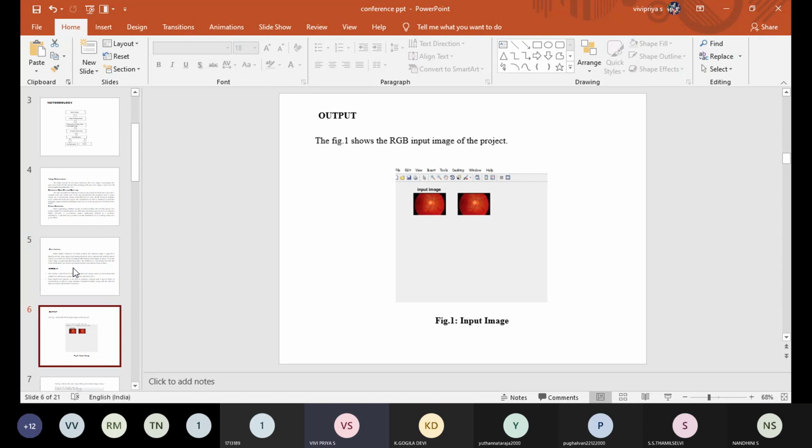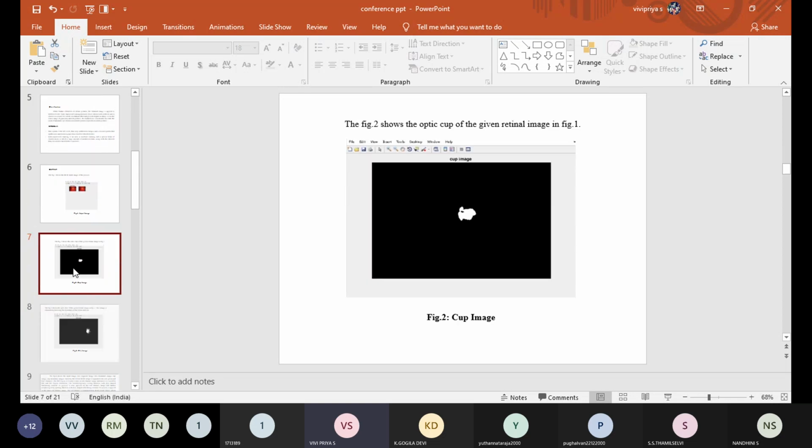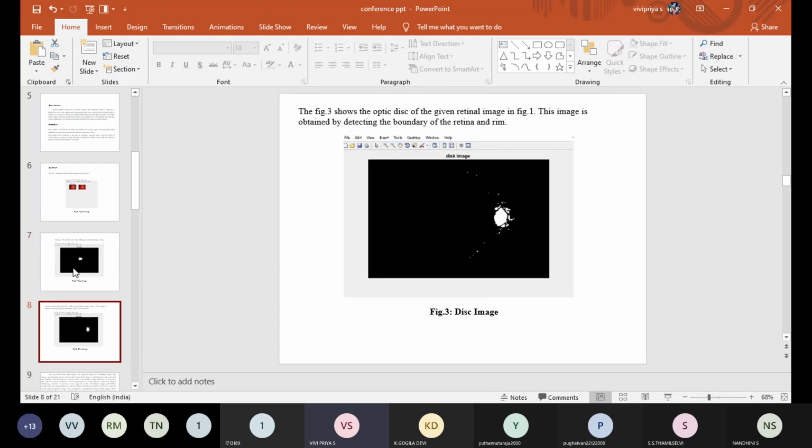This was the output from the SSDCGAN algorithm. This is the input image, and we extracted the cup from the given retinal image using the dilation process. This was the extracted disc image. This was the detected boundary of the retina.